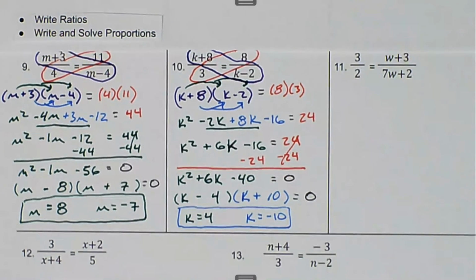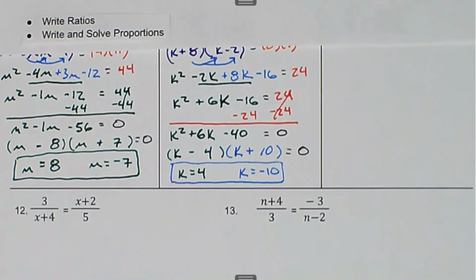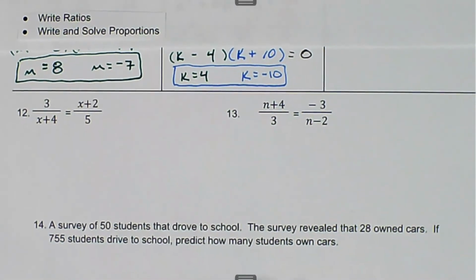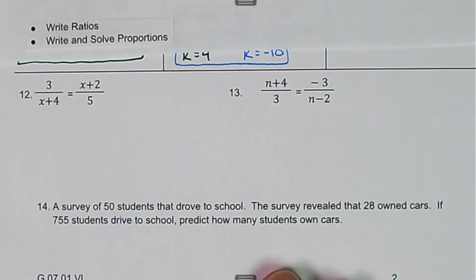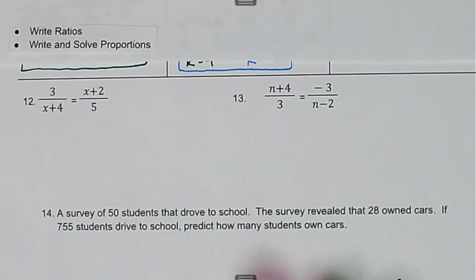We have two more examples that have to do with quadratic proportions that end up with quadratics in them. So again, we're going to do the means and extremes. I'll do this one a little bit quicker.